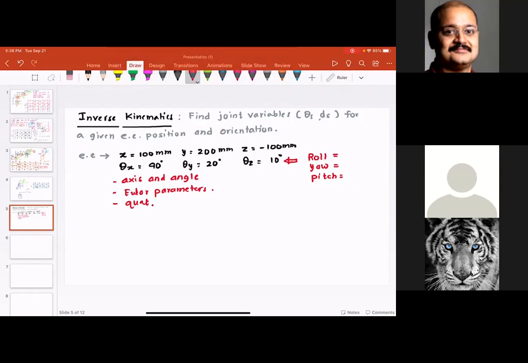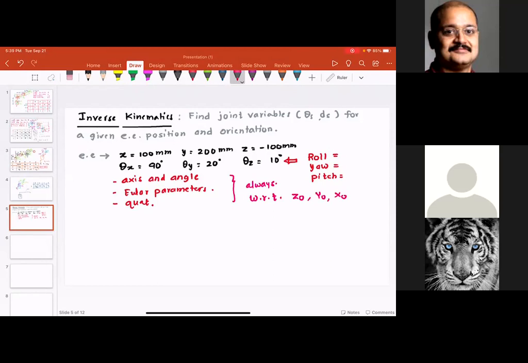So no matter what the representation is, that representation will always be, and this is important, always with respect to x0, y0, and z0. Because please understand, everything else is moving.